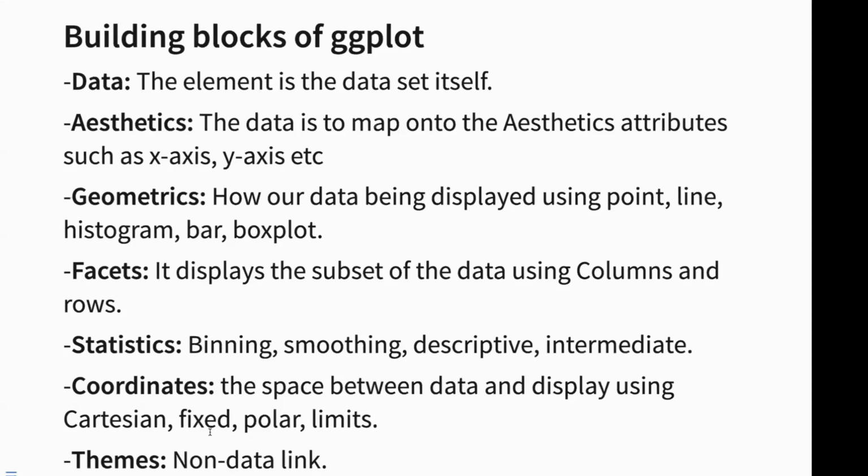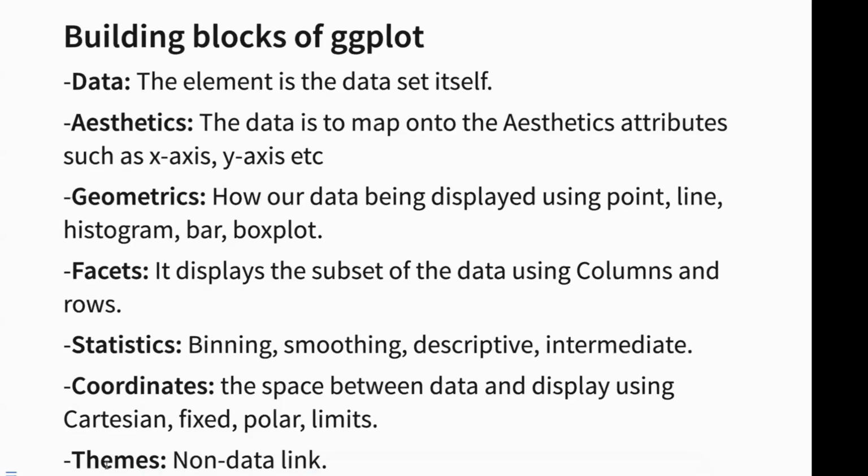Sometimes it becomes necessary for you to have user-defined limits of the axis. Maybe whatever is being plotted is plotting in regions where you don't need to visualize that data. So you can define limits for that data, and this way you use a component which is called coordinates. Okay.